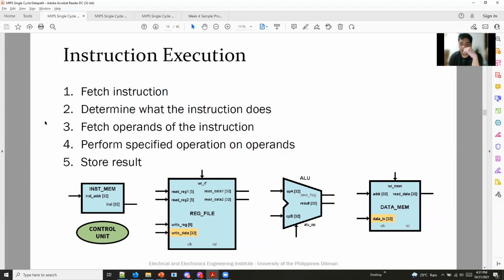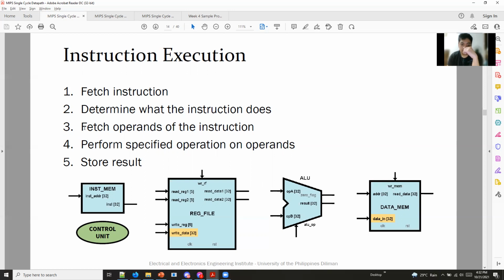So if for example sa instruction sinabi si T0, i-add ko kay T1, by step 3 alam ko na dapat yung contents ni T0 and ni T1 and ina-add ko na sila in step 3.